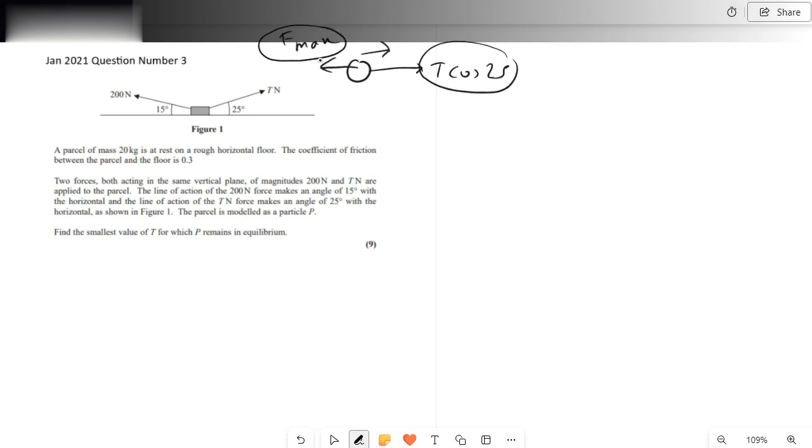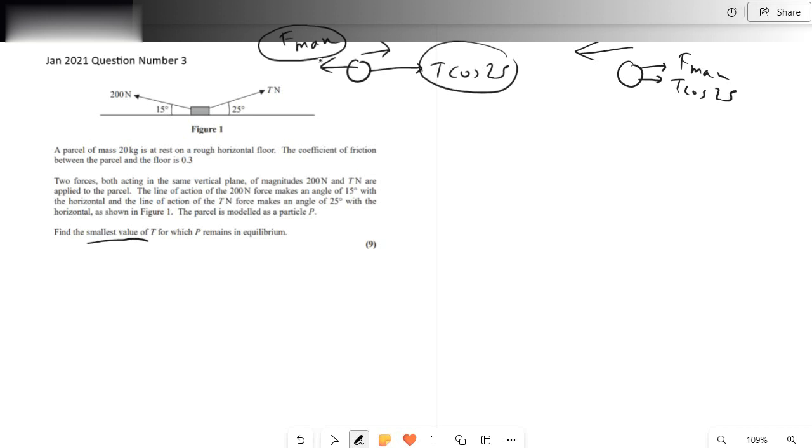Since we're told to find the smallest value of t, that means we have to consider the case where t is minimum. So we have to consider the case when the particle is moving towards the left, meaning that F max and t cos 25 will be in the same direction.